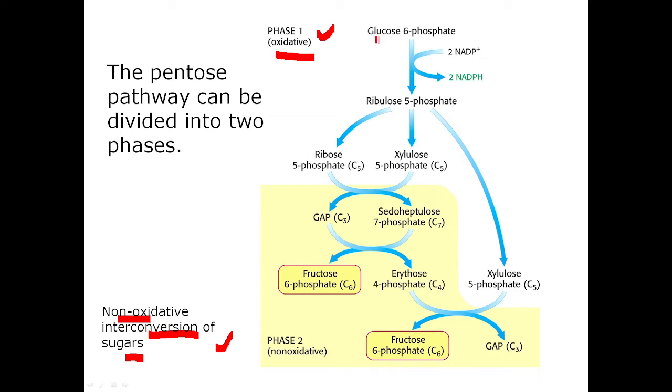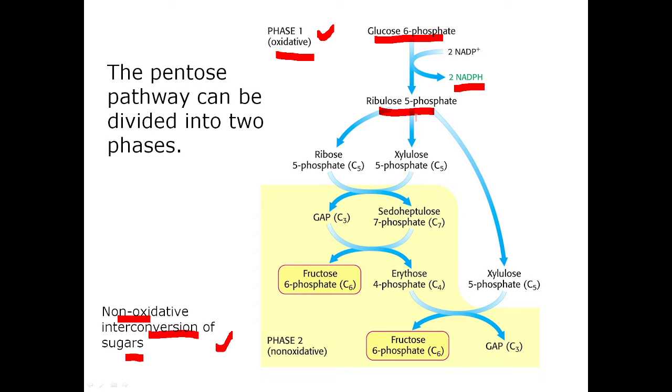We have the glucose 6-phosphate molecule here. It gets converted in the oxidative phase into ribulose 5-phosphate. During this process, 2 NADPH are generated. If somebody asks how many NADPH are generated in the oxidative phase, it is 2 NADPH.